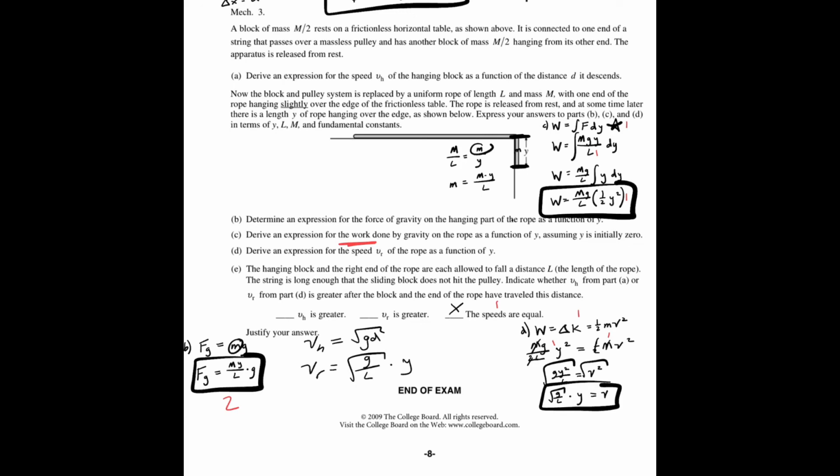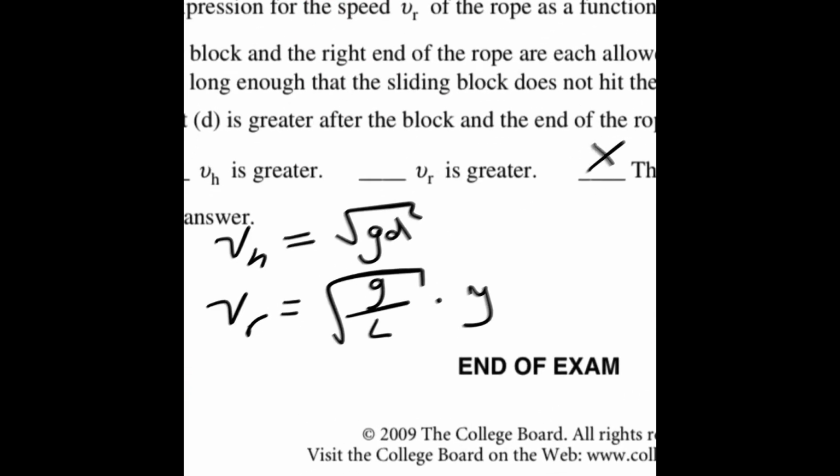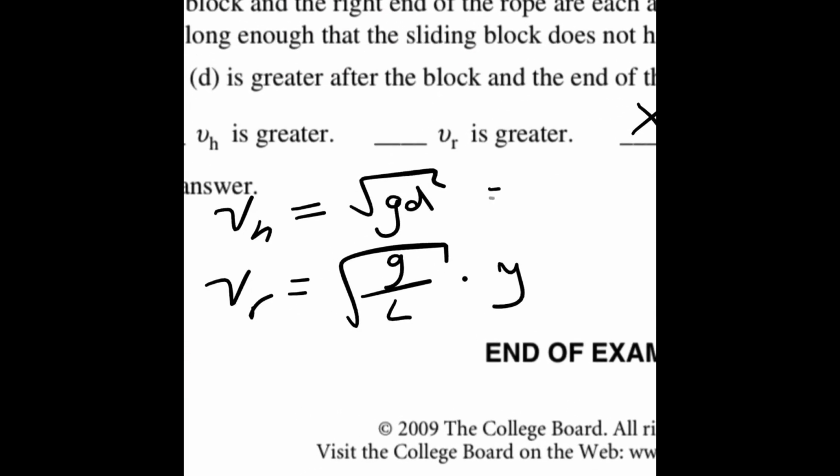For this problem, we're looking for the case where the block and the rope are each allowed to fall a distance L. So that means that in this expression right here, d becomes L. So after it falls a distance L, the velocity is equal to radical gL.